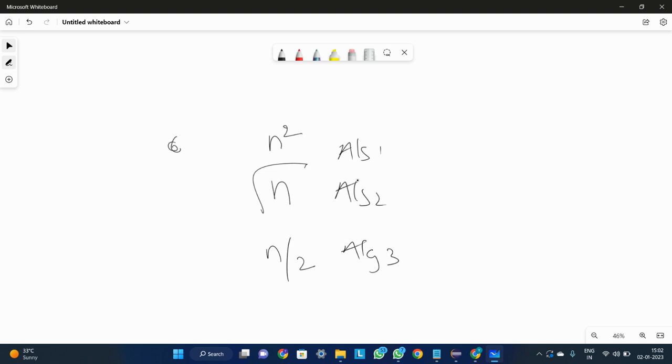The correct one is root of n. So this analysis helps a lot. In the next video we will discuss big O notation, or order of n, which is very important for analyzing the time complexity of various data structures and algorithms.